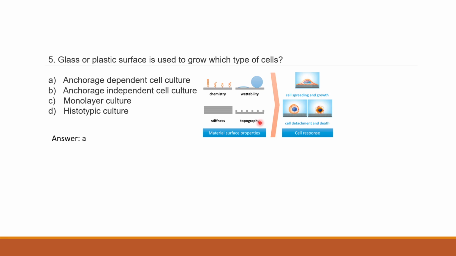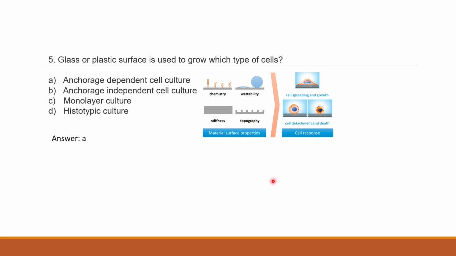It will have a depth in it, it will not be flat, or it will have some kind of partitions in it for different layers for different types of cells when you co-culture. So topography also comes into play.